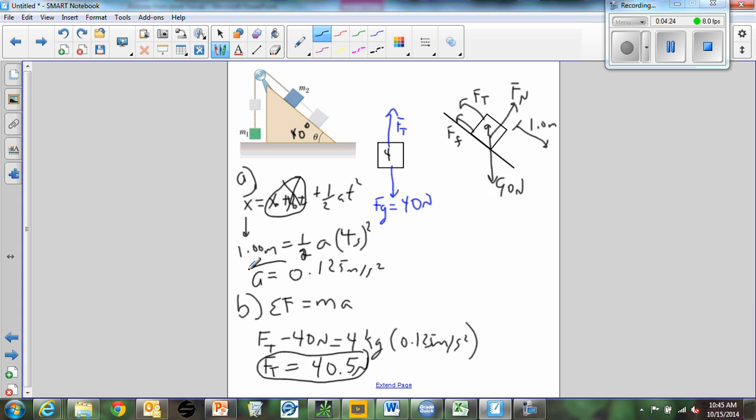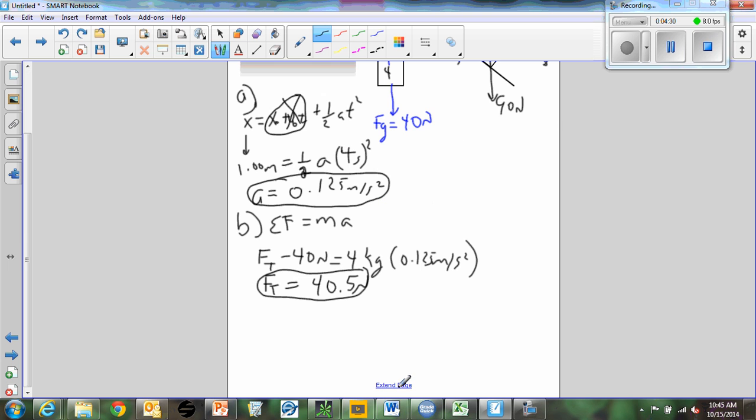Circle my answers here. For C, they ask us what the coefficient of friction is.